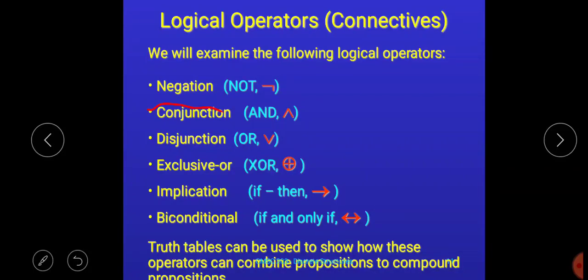This is the first example of logical connective. Negation is a logical connective, which is also called not, and it is represented by using this symbol in discrete structures. Negation is one example of logical connective, meaning using negation we can connect one or more propositions together. One point I want to make clear here is that in discrete structures symbols are very important. Negation is denoted by using this symbol. Then the second logical connective mentioned is conjunction, also called and, and it is denoted by using this symbol.